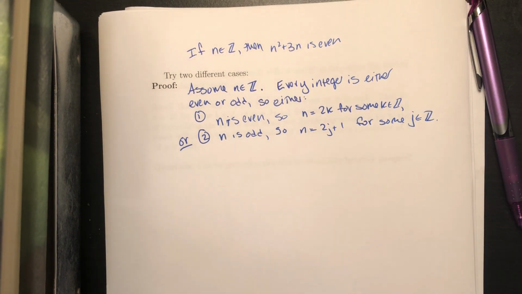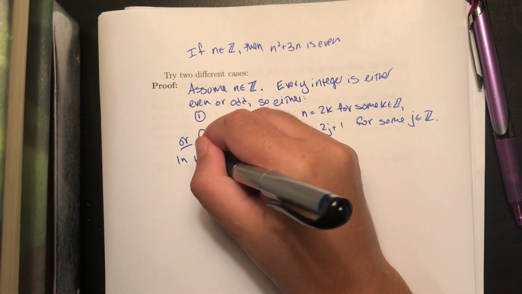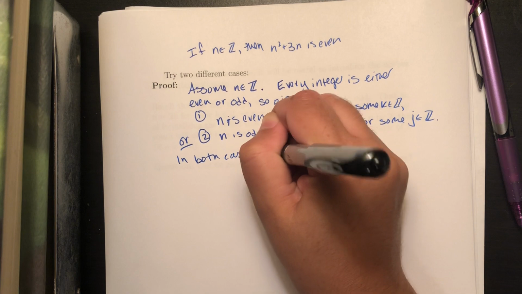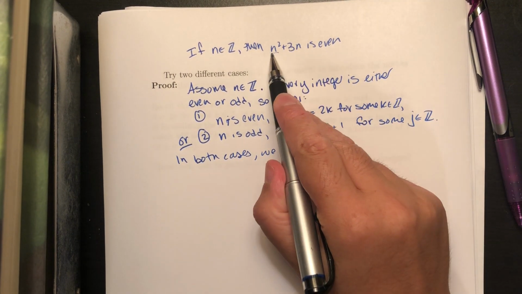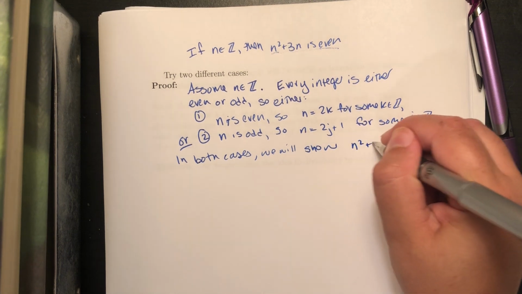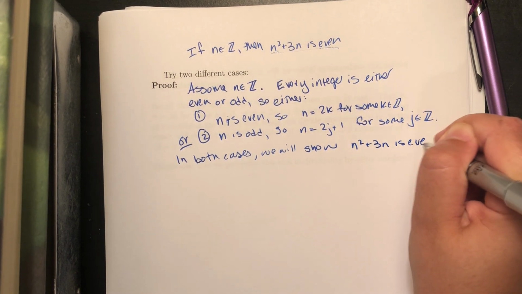We're going to prove this in two cases, and in both cases we will show the conclusion is true. We will show that n squared plus 3n must be even.